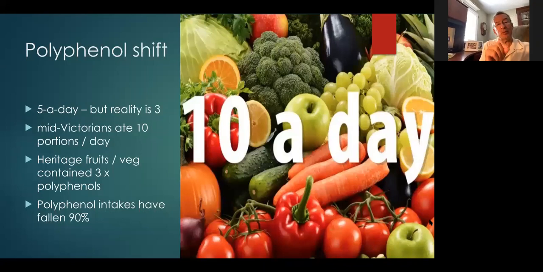But it's a bit more complicated than that, because not only were they consuming more fruits and vegetables, but they were consuming different fruits and vegetables. What they ate is not like the fruits and vegetables we eat today. If you could get hold of the heritage strains of fruits and vegetables, what you will find is that they taste very different. They are not nearly as sweet as the fruits and vegetables we eat today. Baby carrots, baby peas, sweet corn, these are full of sugar, because that's what the consumer likes.